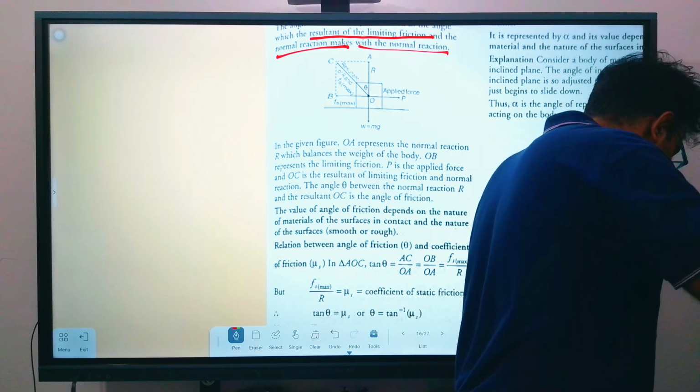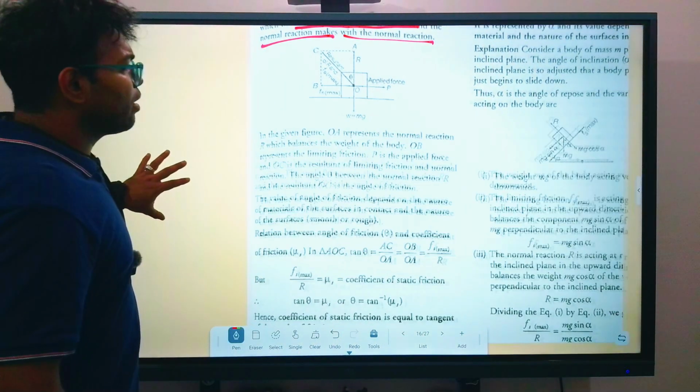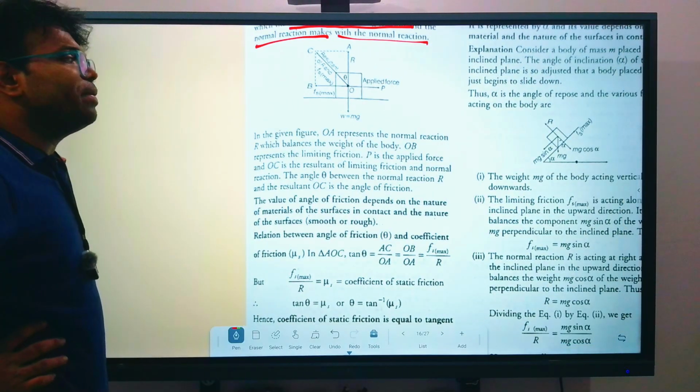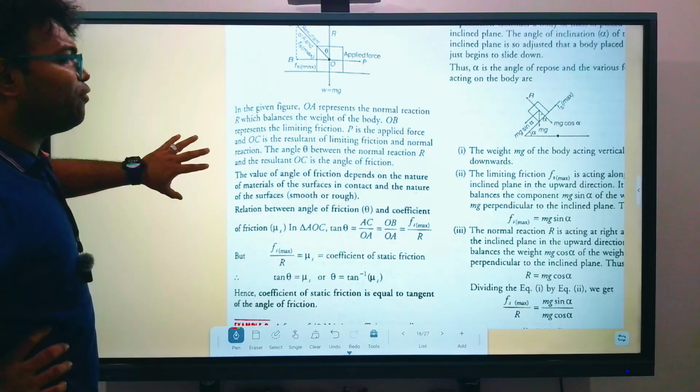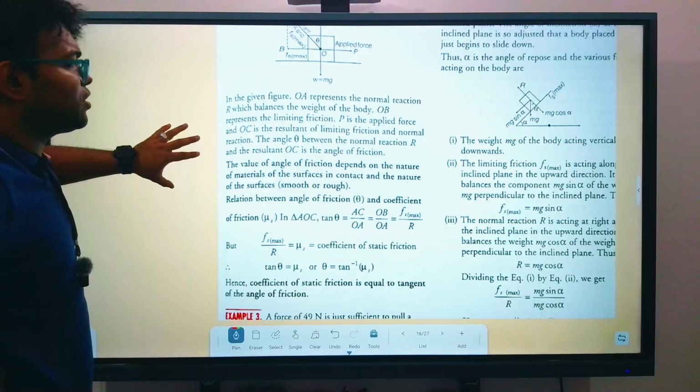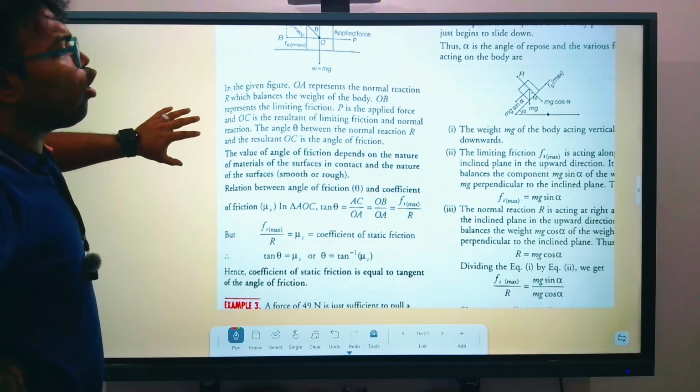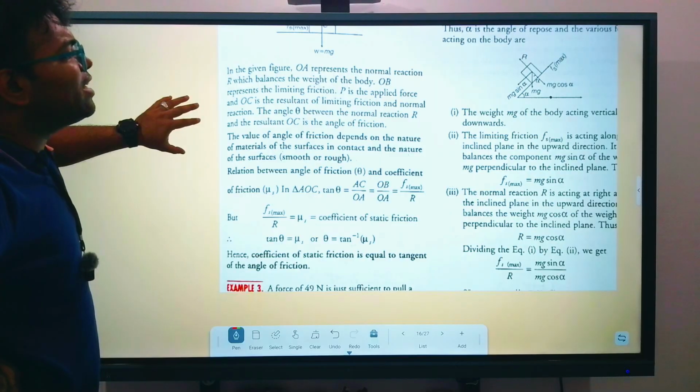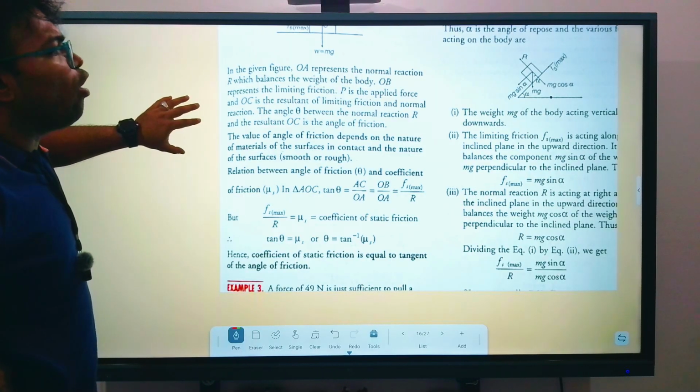Okay. So OB represents the limiting friction, P is the applied force, and OC is the resultant of the limiting friction and the normal reaction. The angle theta between the normal reaction R and the resultant OC is the angle of friction.